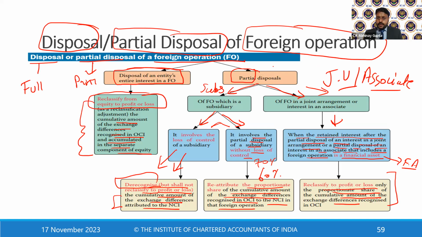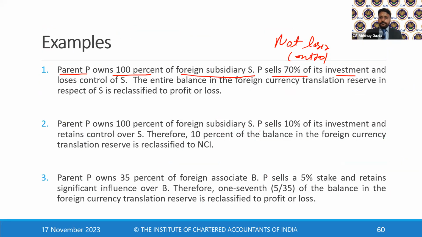This will fall here. Partial disposal, yes. Subsidiary, yes. Losing control, no. So we are falling here, right? What will happen? The entire balance in the foreign currency translation reserve in respect of S is reclassified to the P&L.